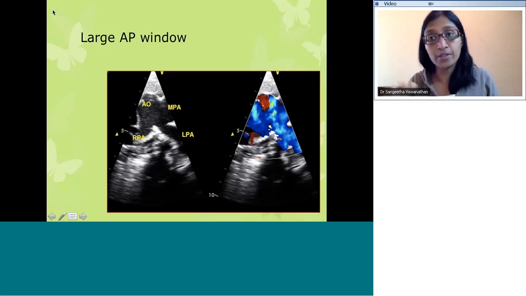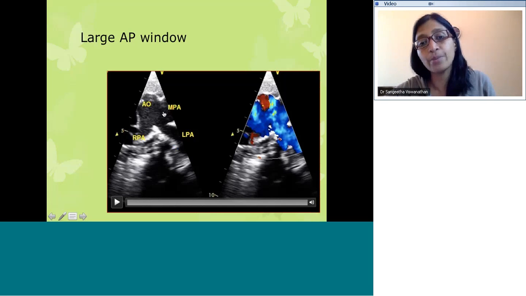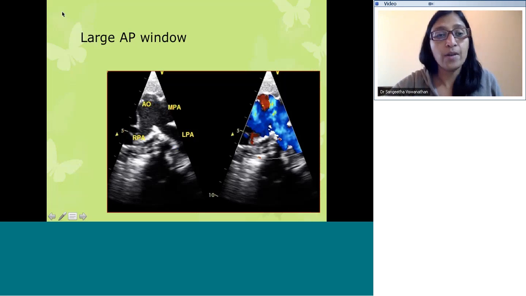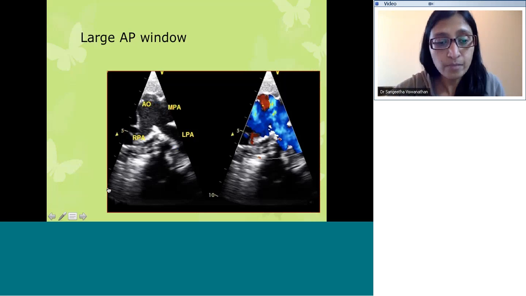So they are different. RPA from the aorta is not the same as an AP window. This is an AP window where there is communication between the PA and the aorta. Because the AP window is quite large, it gives you the impression that the RPA is coming from the aorta, but it's not so. Whereas with RPA arising from the aorta, the RPA will be an isolated thing.